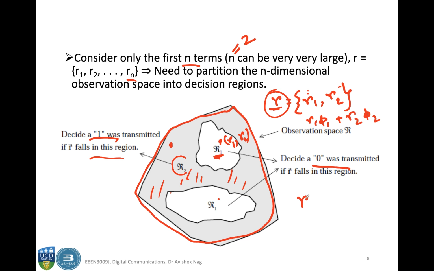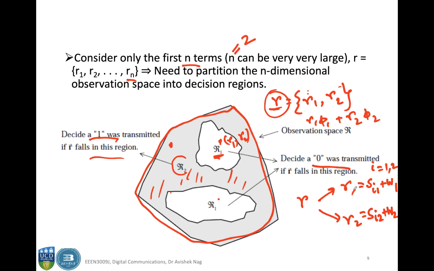So your received signal R has two components, R1 and R2. These are basically your signal I1 plus the noise W1, and the signal I2 plus noise W2. If it is binary, I can be 1 or 2.